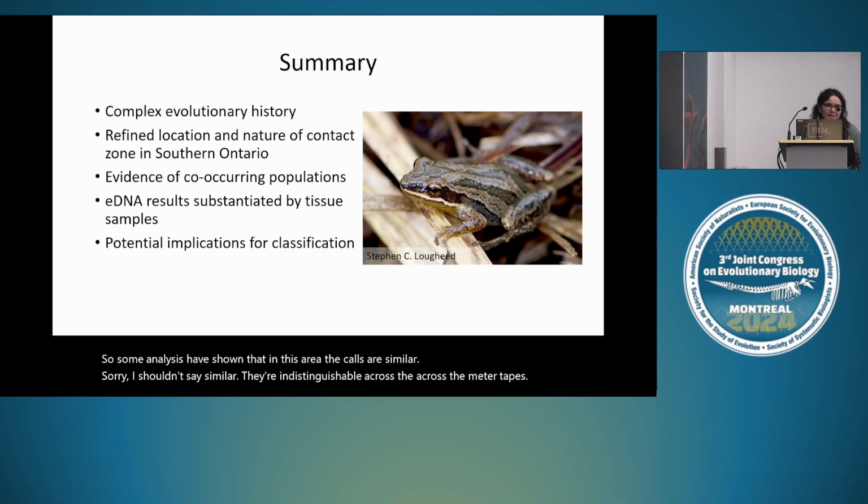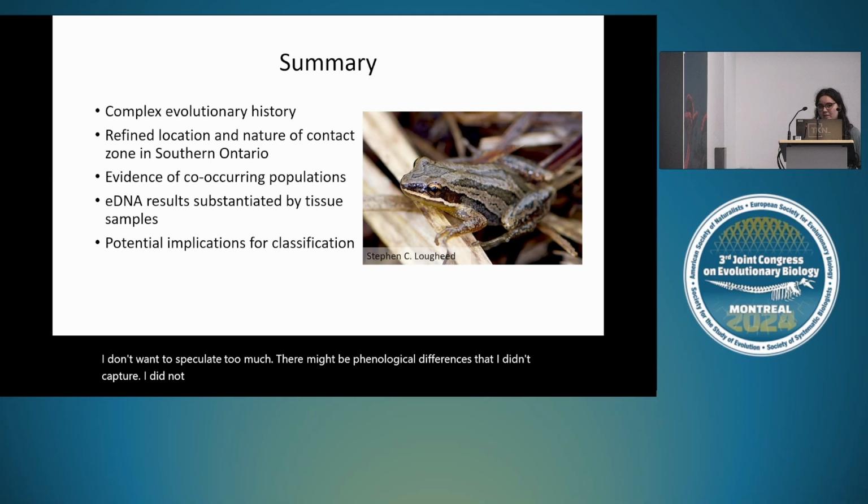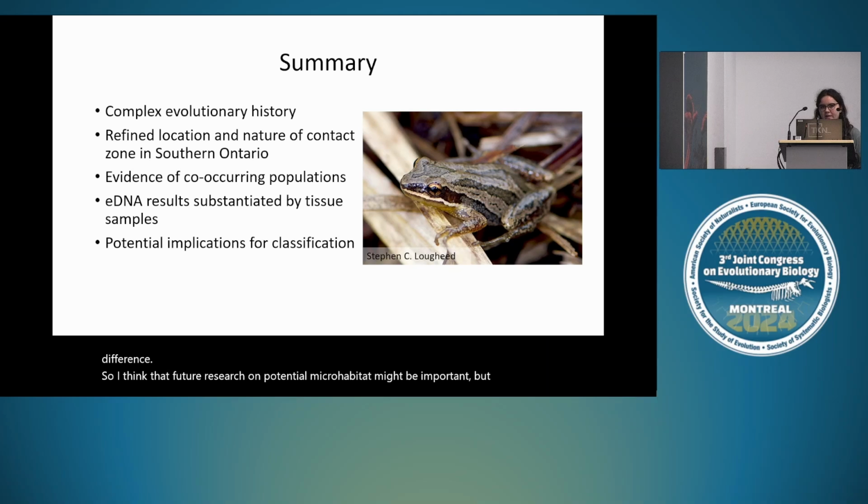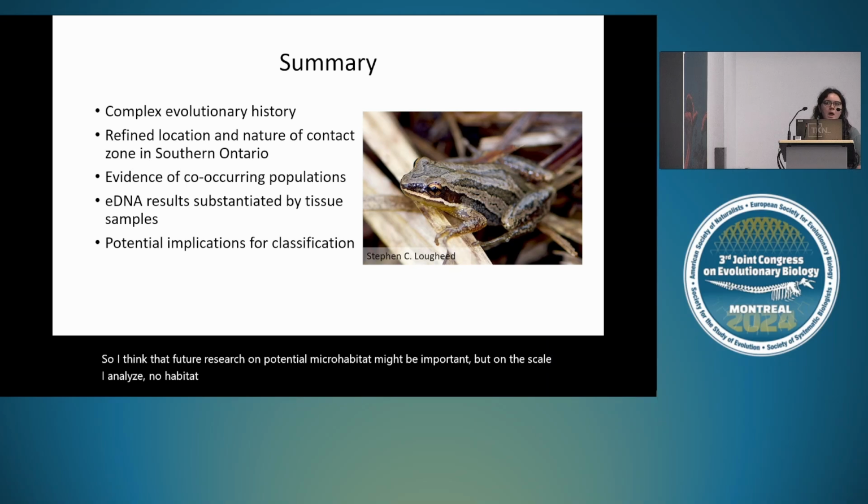I don't want to speculate too much. There might be phenological differences that I didn't capture. I did not detect any landscape differences. So within the areas where I found one mitotype or the other, there's not a difference in habitat. So I don't think it's a habitat difference. I think that future research on potential microhabitat might be important, but on the scale I analyzed, no habitat differences.